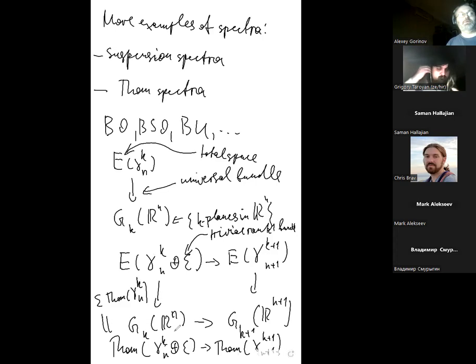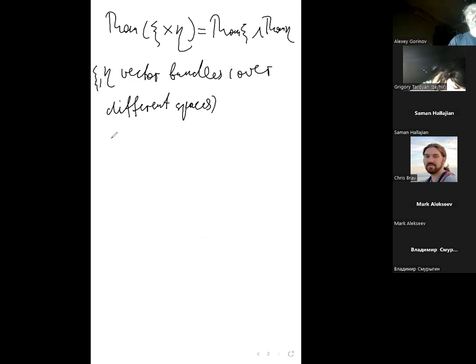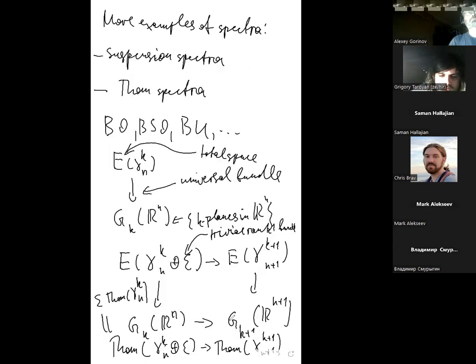Okay, now the Thom spaces of the tautological bundles form a spectrum.